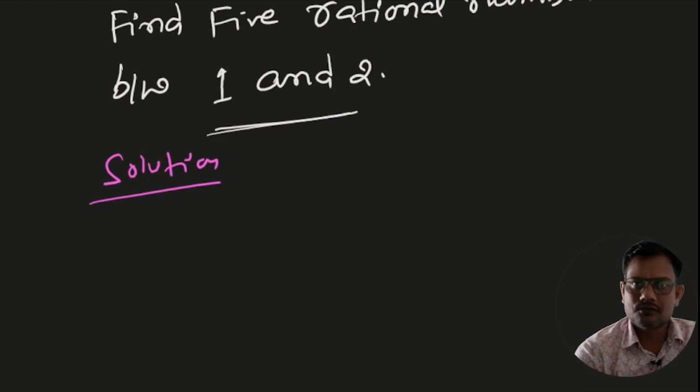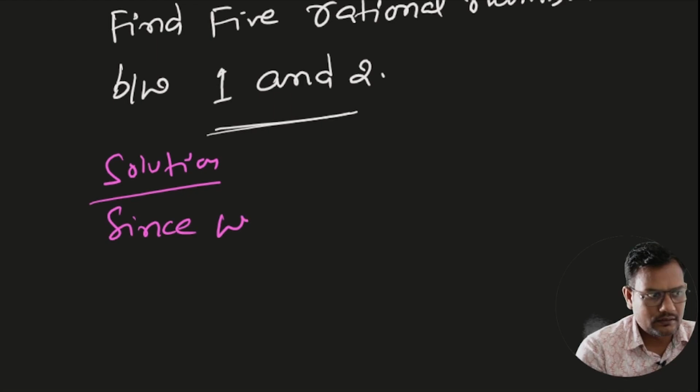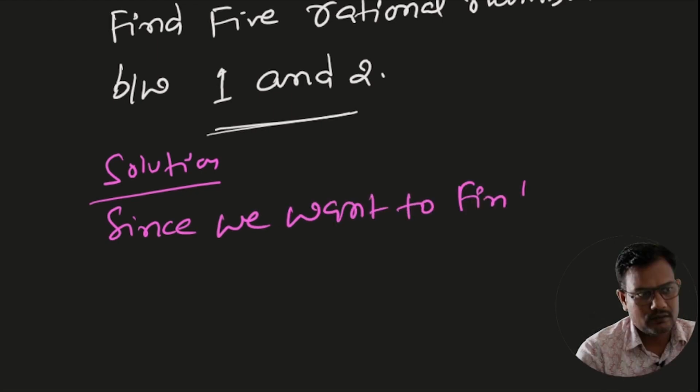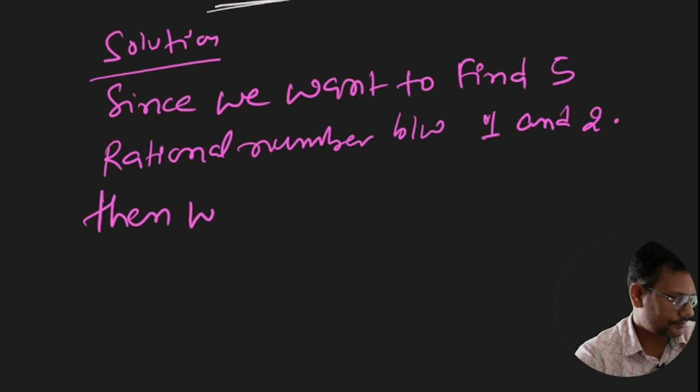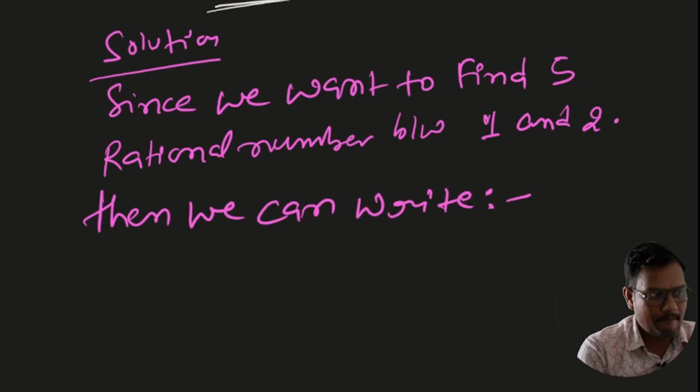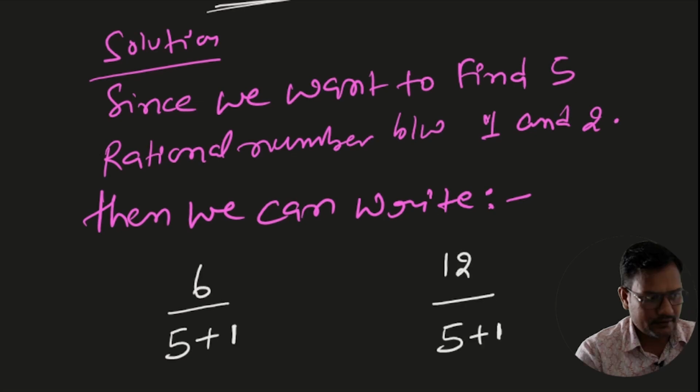Since we want to find 5 rational numbers between 1 and 2, then we can write 6 upon 5 plus 1 and 12 upon 5 plus 1, right?